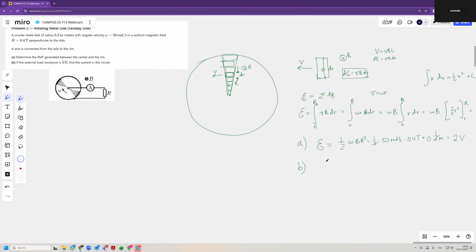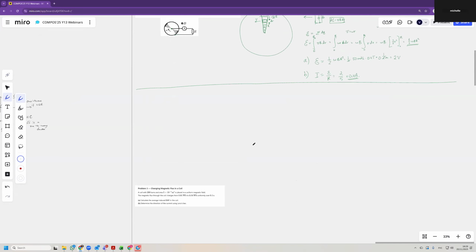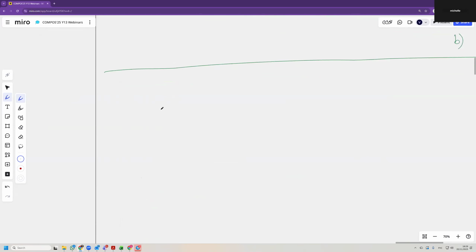Then I wanted to talk about Lenz's law a little bit. I am quite fascinated by Lenz's law. Do you understand Lenz's law?